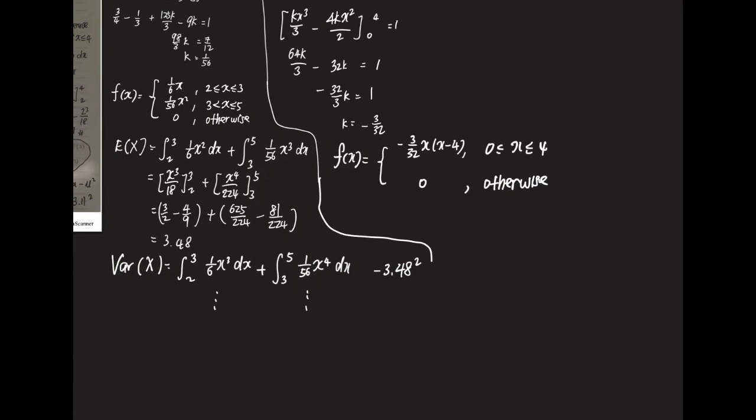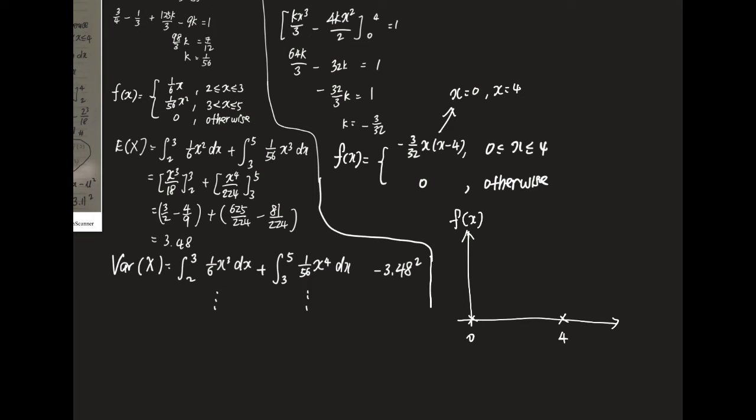Now we want to look for the mode. First I'm going to sketch the graph so that you can understand the process of finding the mode easily. From here we know that the roots are 0 and 4.